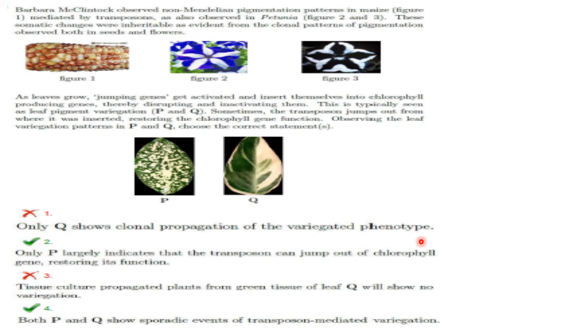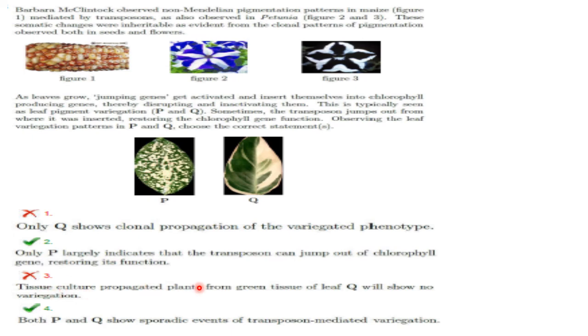Option 1 doesn't mention anything about clonal propagation in the question. So option 1 is wrong. Then only P largely indicates that the transposon can jump out of chlorophyll gene resulting in function. Yes, you can see some spots with chlorophyll and some without chlorophyll, showing the jumping character of the gene.